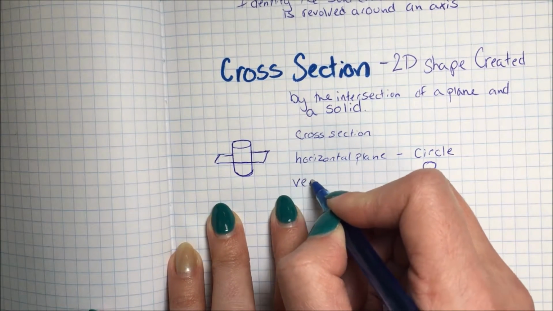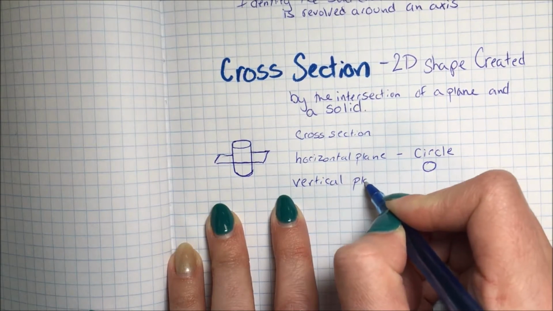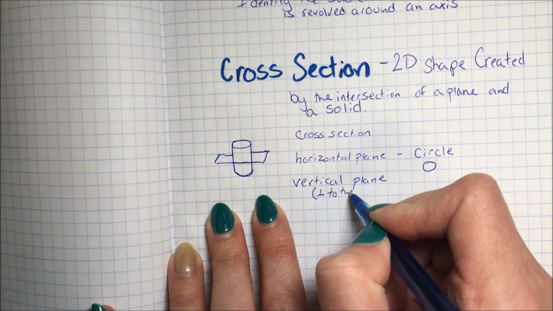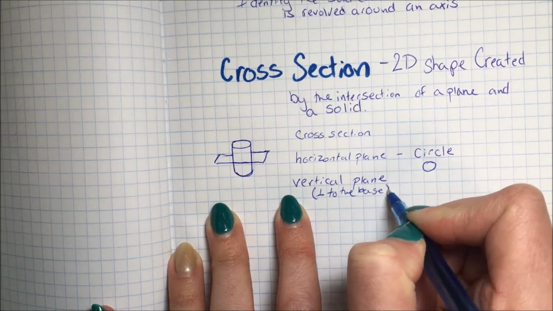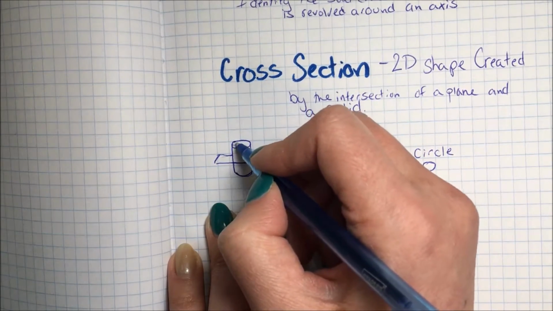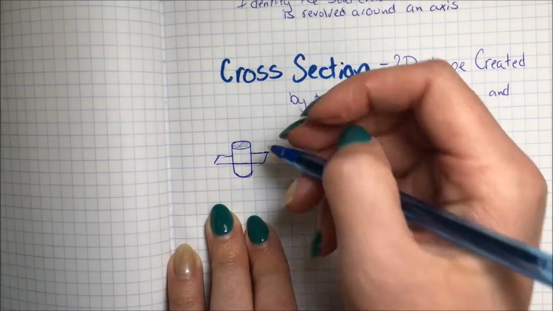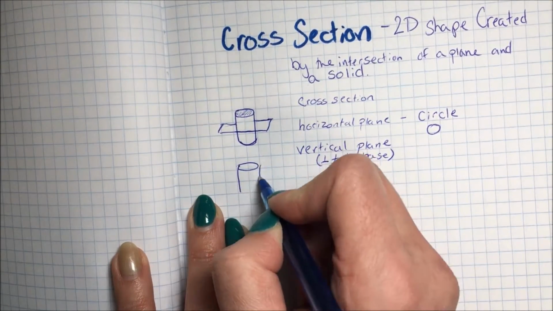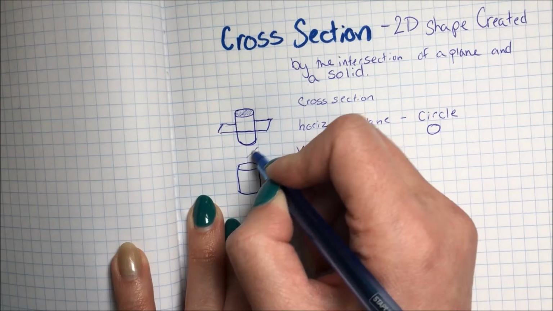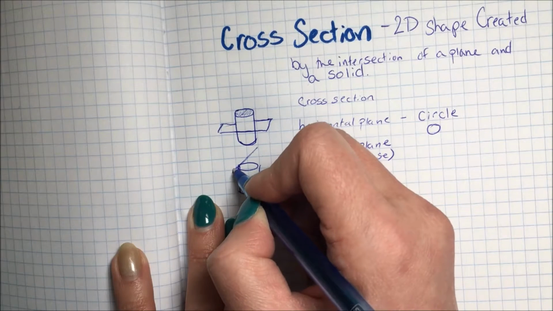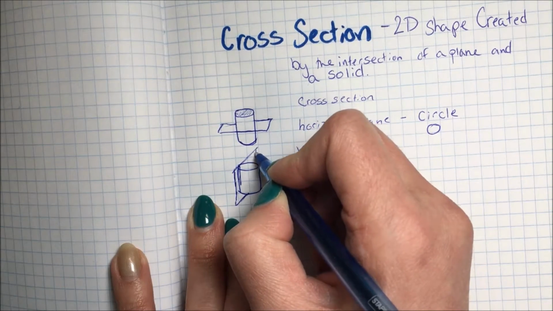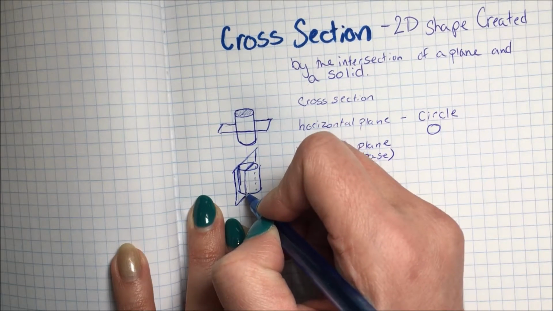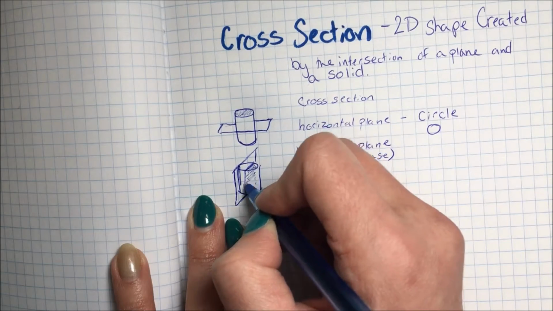A vertical plane, that would be perpendicular to the base. So perpendicular to the base, this top circle would be a base, okay? So if I could visualize that, it would kind of come through the top and down the side, and I'd have this shape right through here.